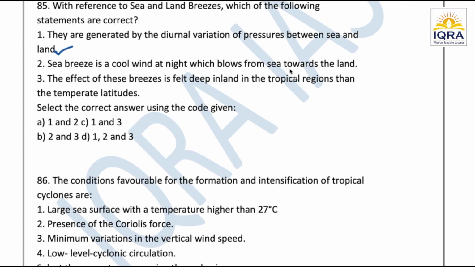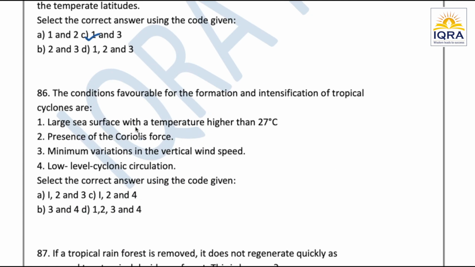No, this is an incorrect statement because breezes occur most often in the spring and the summer months. ठीक है, तो ये उस time पे होती हैं because of the greater temperature difference between the ocean and the nearby land, particularly in the afternoon when the land is at maximum heating from the sun, right? Statement 3 says that the effect of these breezes is felt deep inland in the tropical region than in the temperate latitude. It is a correct statement. So for question number 85, option 1 and 3 are correct. Hence, option C becomes the right answer.